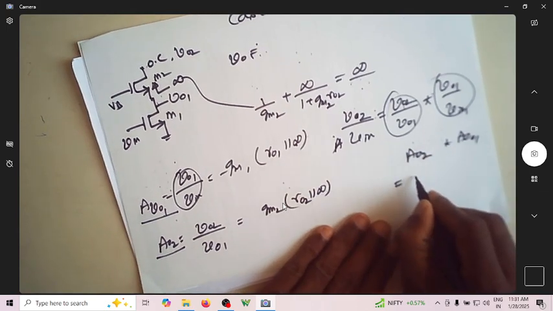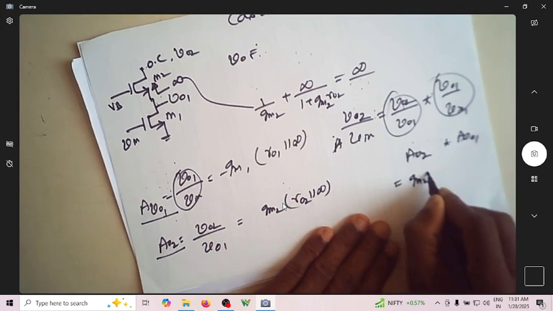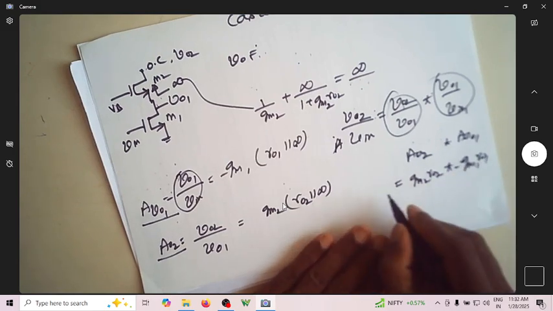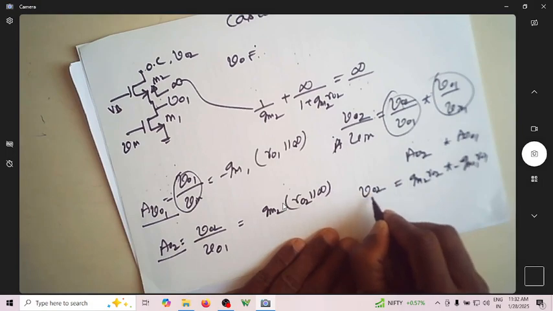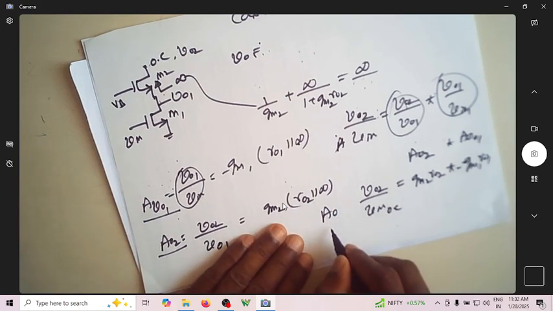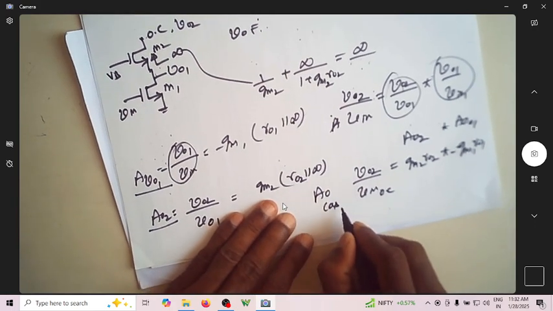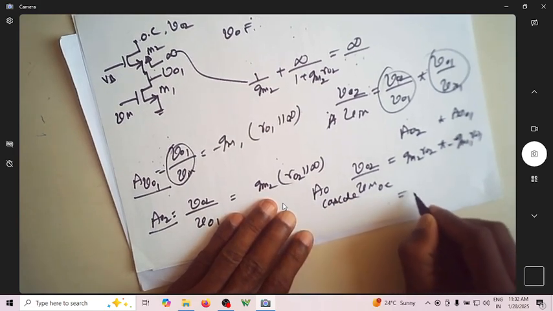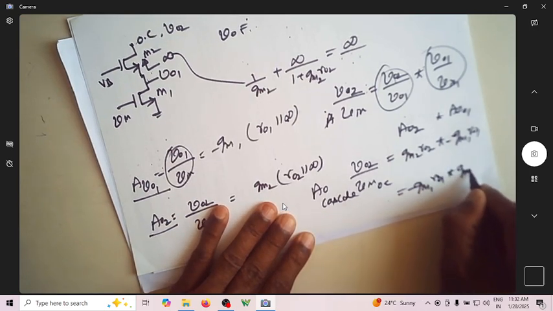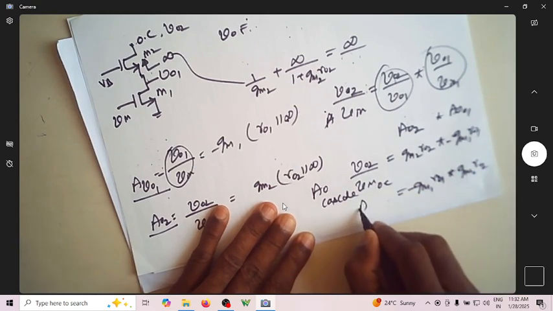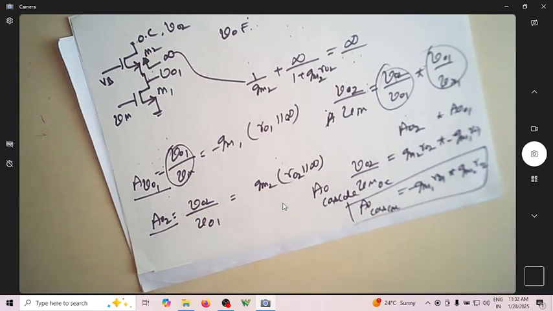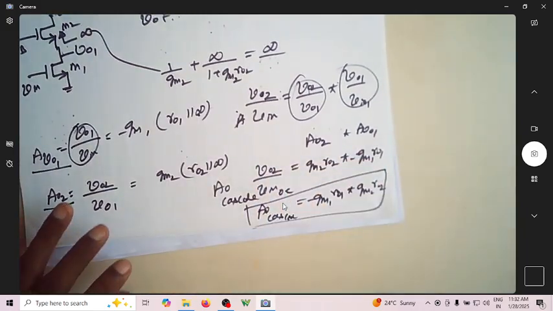So now this is gm2 into ro2, and this is minus gm1 into ro1. So what is this, Vo2 by Vin, with open circuited load? I'll call it A0 cascode. So A0 cascode is minus gm1 ro1 into gm2 ro2. That's what A0 cascode is.